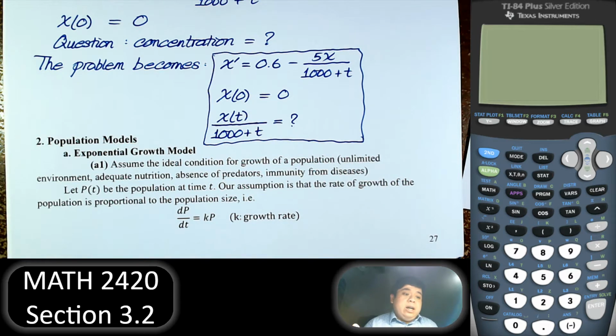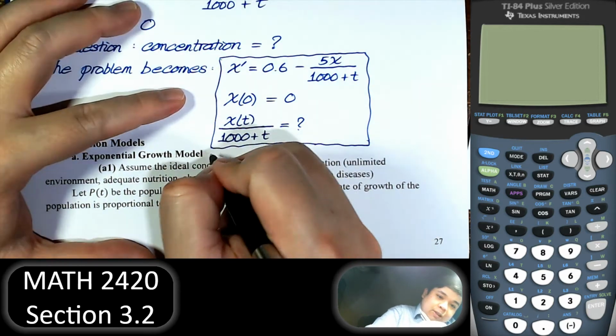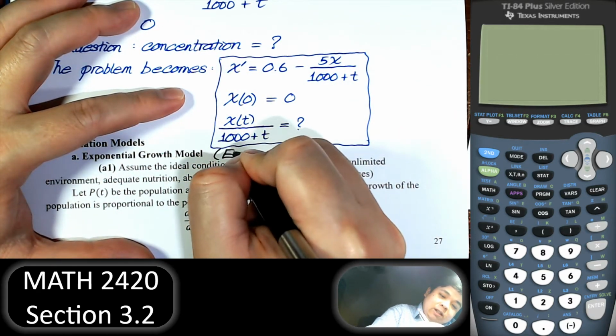Right, so that's the first part of the section, the mixing problem. The second part is the population models. In this case, we study two models. The first one is exponential growth, or it could be exponential decay if the rate is negative. Later on, we will talk about exponential decay.